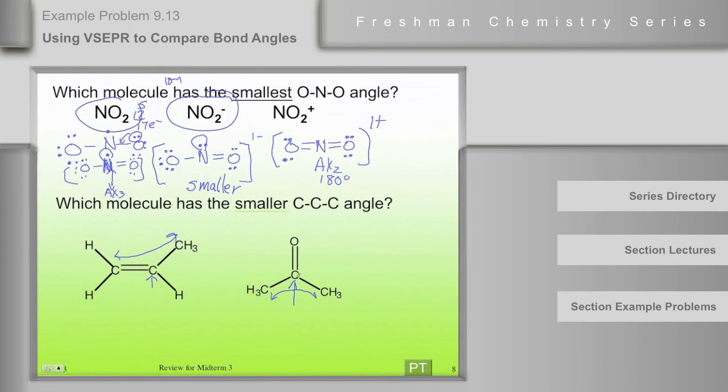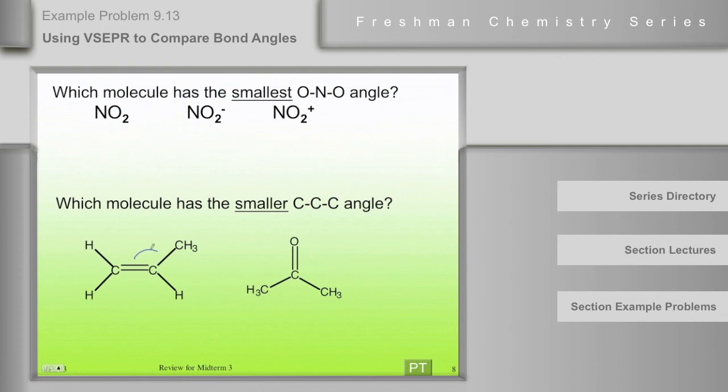Now, let's focus on the effect of the double bond, because we know the double bonds repel more strongly than single bonds. So this double bond is going to repel those 2 single bonds and make this smaller than 120 degrees.